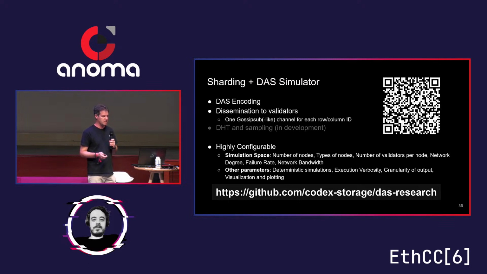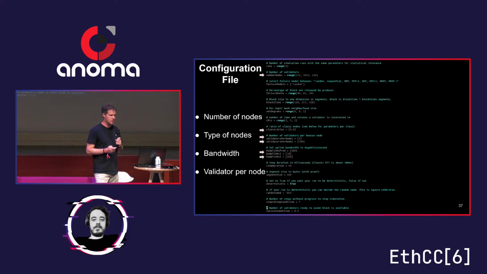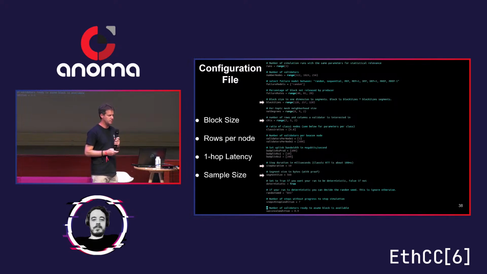What is the network bandwidth? And many other things. So it's quite easy to configure. It's basically Python code. So you just set the number of nodes, type of nodes, bandwidths, validators in a configuration file. And you can also set up studies. So you can set up range studies from this to that parameter, and then it explores the whole simulation space.